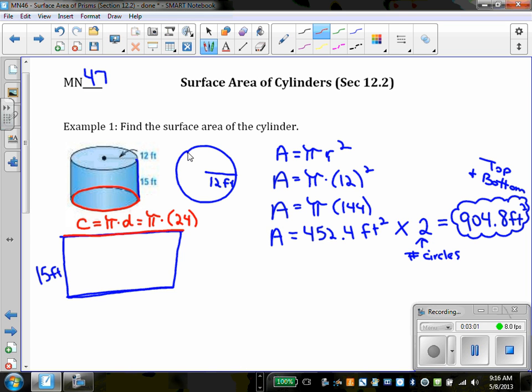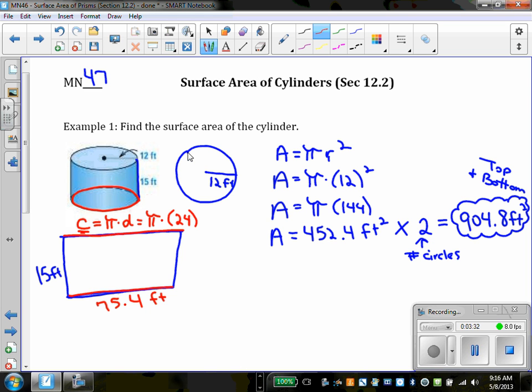So we have pi times 24, and that's going to give me a circumference, and I'm going to write it down here because of course this is the same length, as 75.4 feet. So again, I can't stress that enough, that really the rectangle that's considered the label of the cylinder is the circumference of the top and bottom base of the actual cylinder. And when we calculate that circumference, we end up with 75.4.